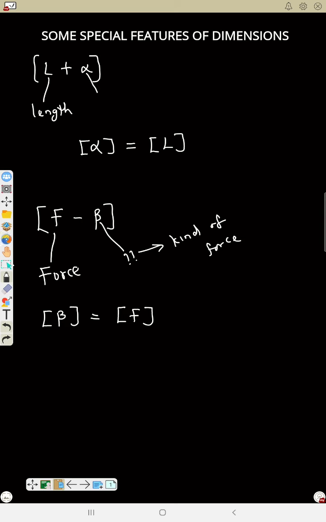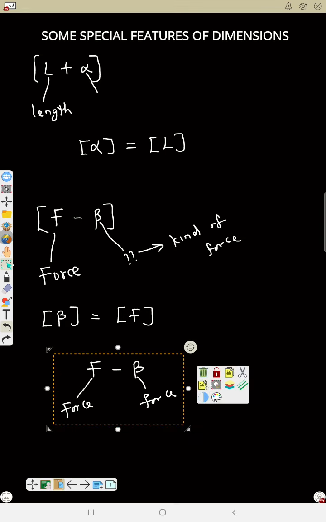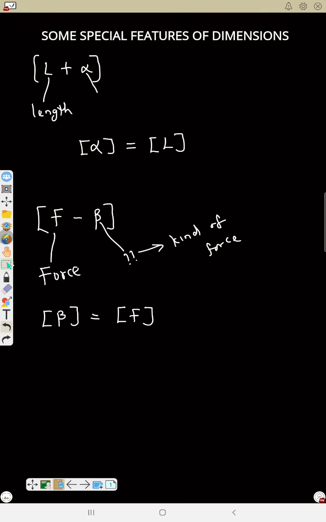So if I split it, that means F minus beta: if F is a kind of force, then beta must be a kind of force. And we have already said that the dimension of beta is equal to the dimension of force.